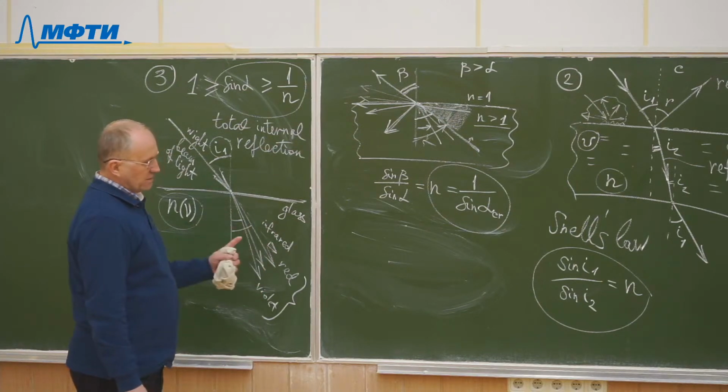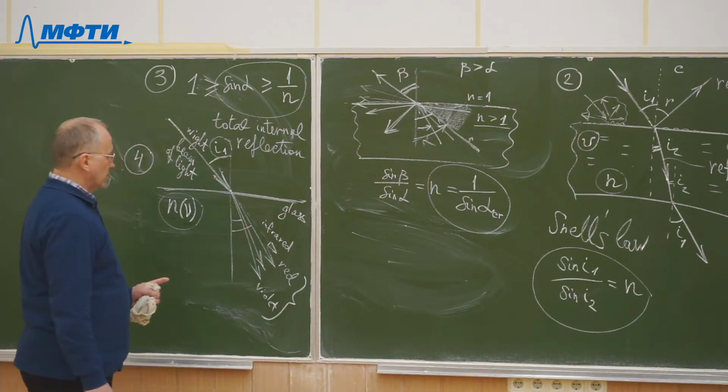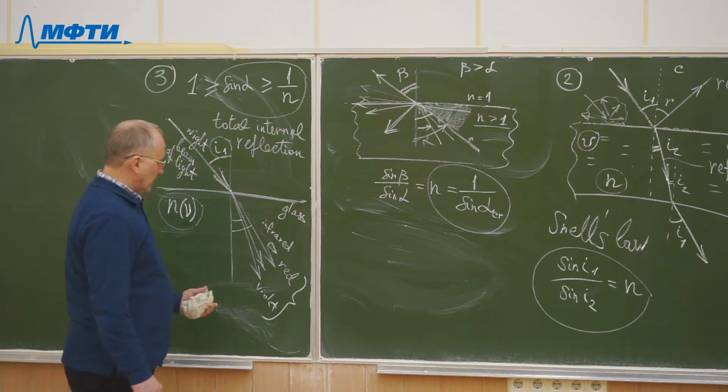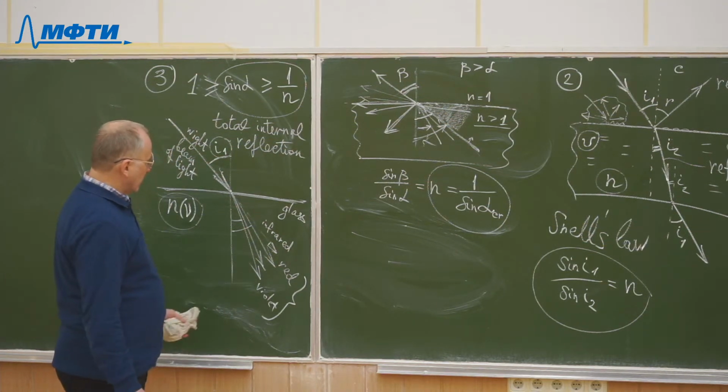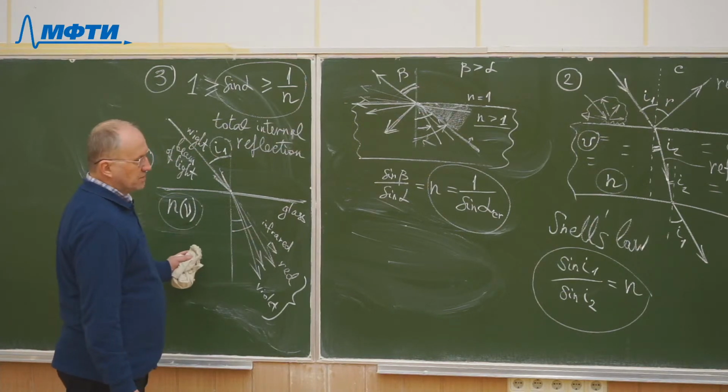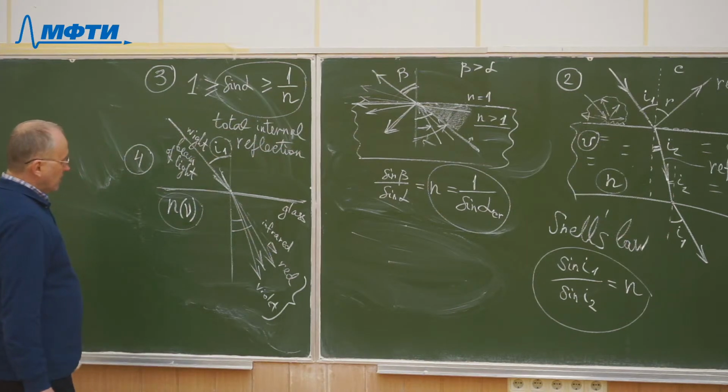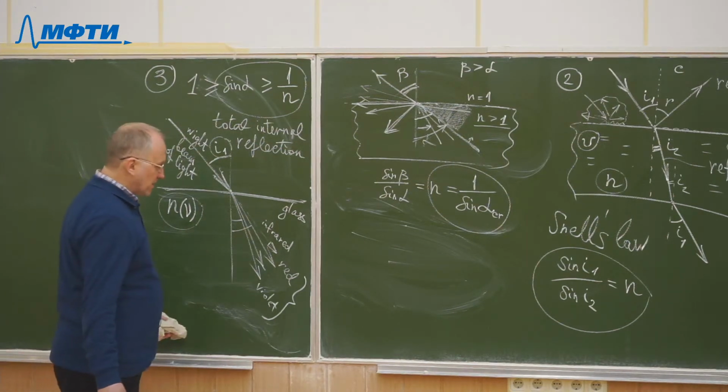It will not be a single distinct image. It will be a bad image, distorted by the phenomenon of dispersion. So in this case, the dispersion is bad, and it should be eliminated somehow.